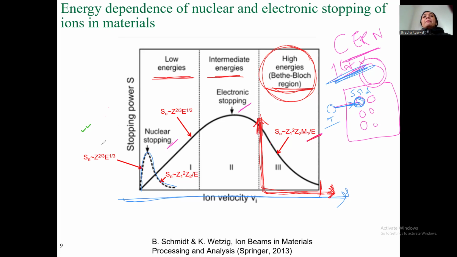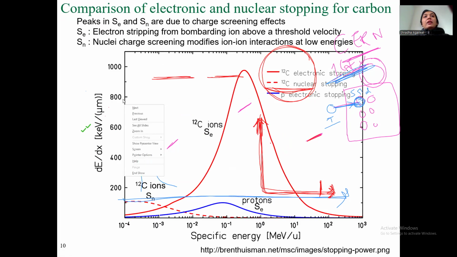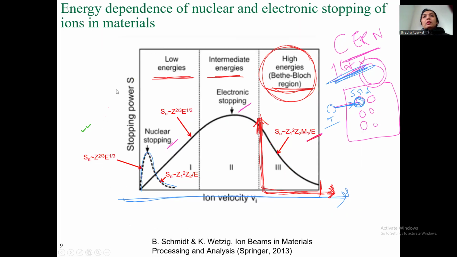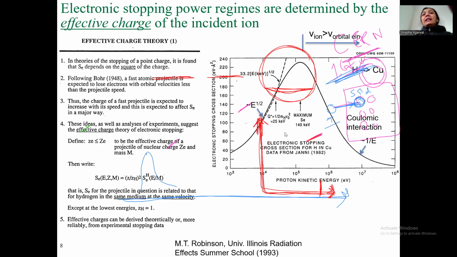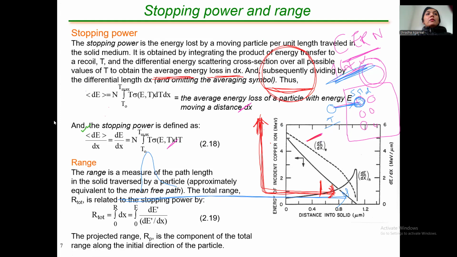My point is, if you go back to the previous slides where I introduced this, we are already at that kind of energy. Remember, I said that electronic energy loss starts when your energy is very high.